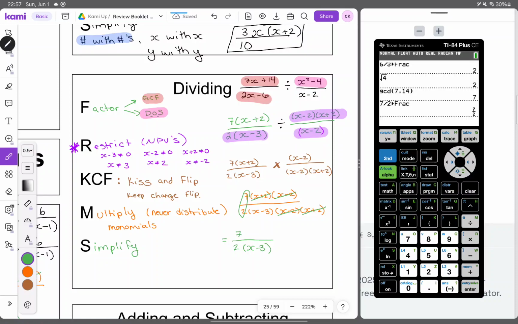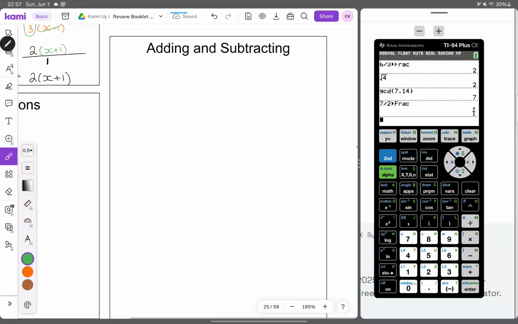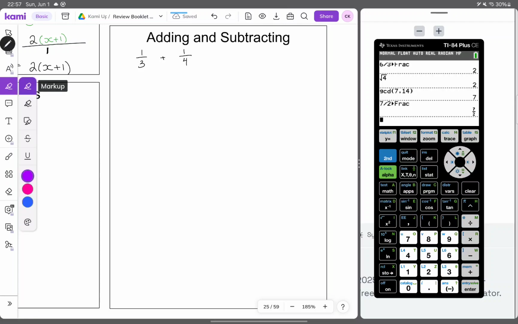All right, now into the fun ones. So adding and subtracting is when it gets interesting. So remember, when we were adding and subtracting fractions, we always had to have a common denominator. So if I wanted to go 1/3 plus 1/4, I can't add them like this. I had to get that common denominator.